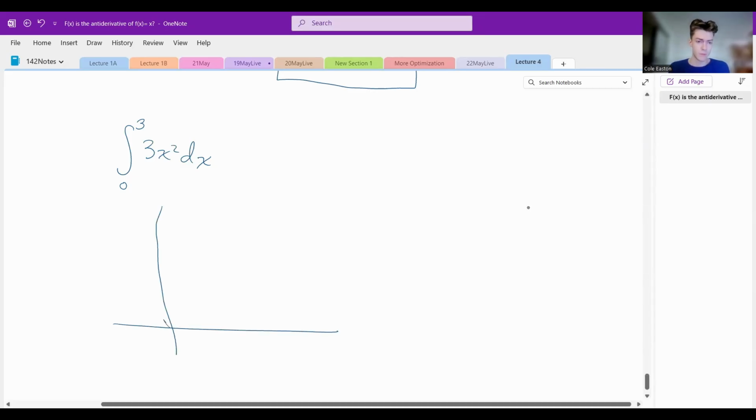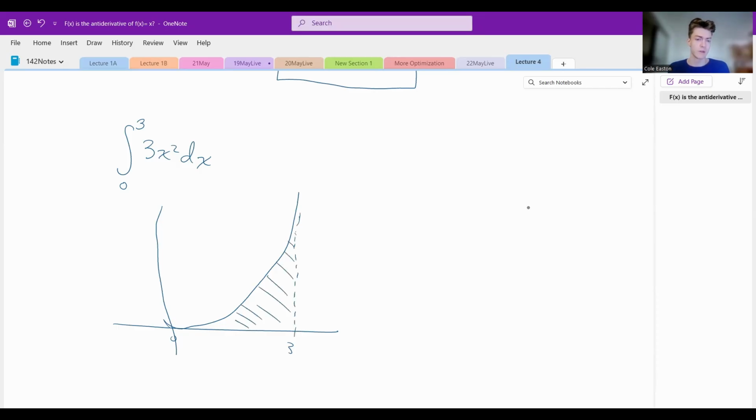We have some parabola, and we have 0 here, 3 here, and we're trying to find this area. This is not a shape that we really know. It's some sort of triangular looking thing, but with one curved side, and that looks a little bit scary. Maybe we're thinking the answer involves pi or something, because we have this curved side.